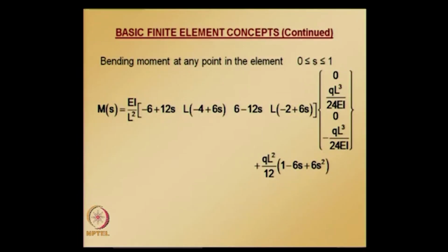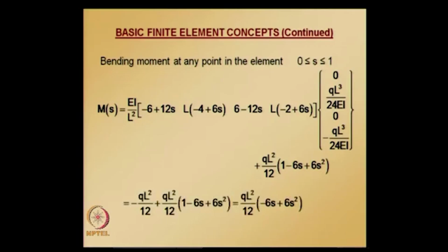So the maximum moment is going to occur at mid span, and the mid span moment is obtained by substituting S equal to 0.5. This is the moment expression simplified.